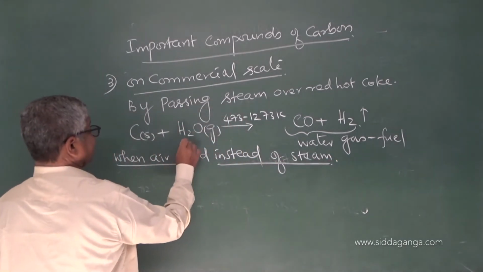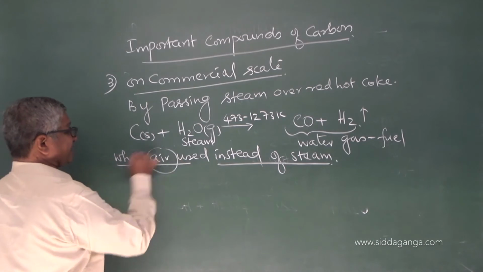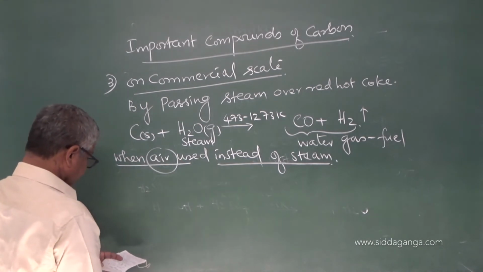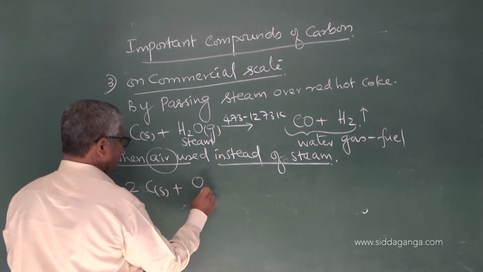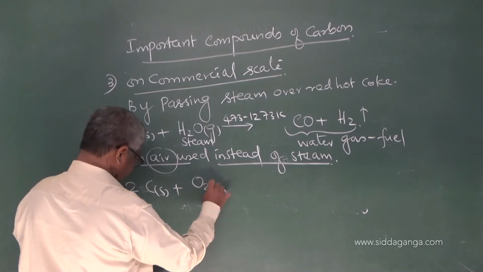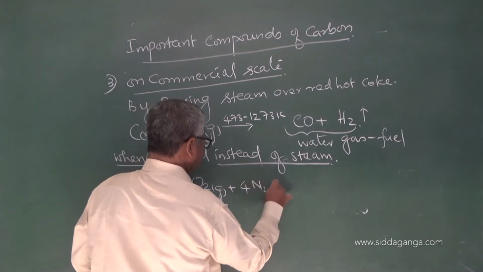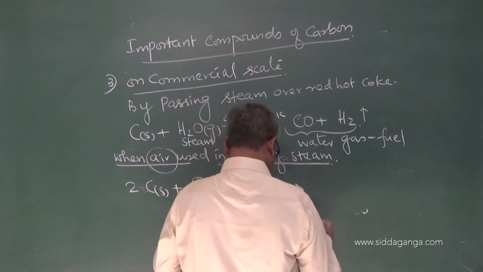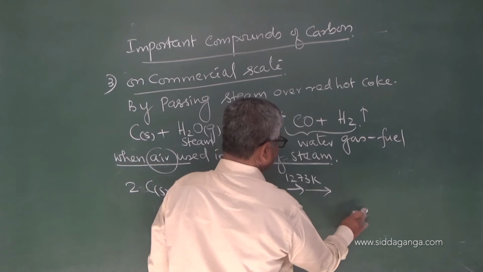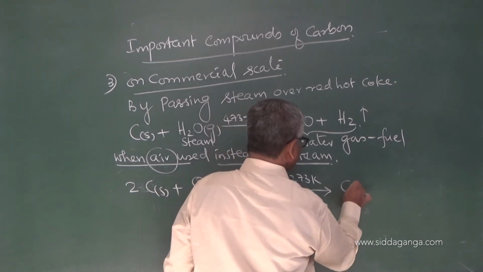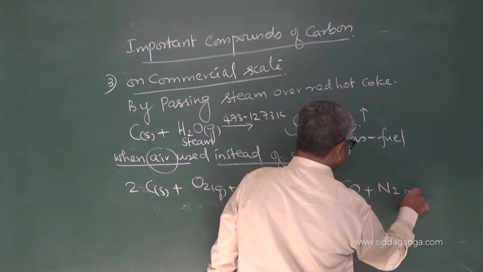Here we used steam, but in place of steam, if air is used, carbon solid reacts with air, oxygen gas plus nitrogen gas, at 1273 Kelvin and gives the product carbon monoxide and nitrogen gas.